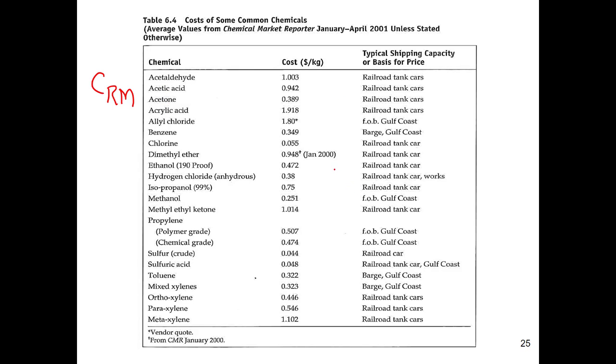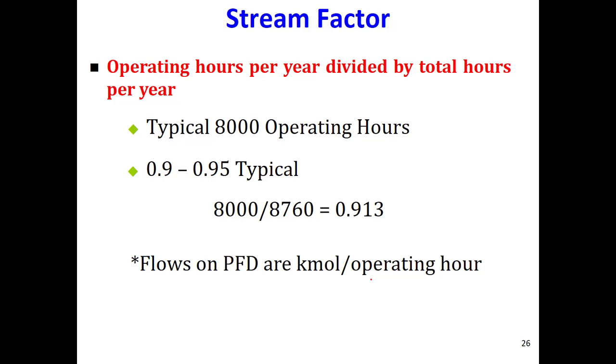How much do they cost, per kilogram or per liter or cubic meter, depending on their physical phase. And it also shows here an additional column showing typical shipping, like how they are shipped.